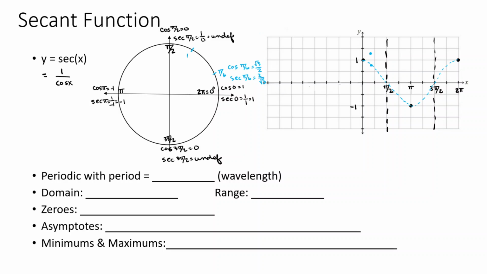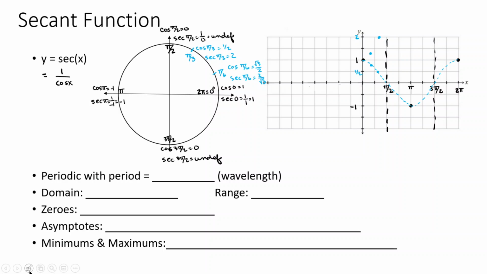Doing pi thirds actually gets us a little clearer picture. So cosine of pi thirds is a half. So secant at pi thirds will be 2. Okay, so at pi thirds, instead of a half, I'll have a value at 2.